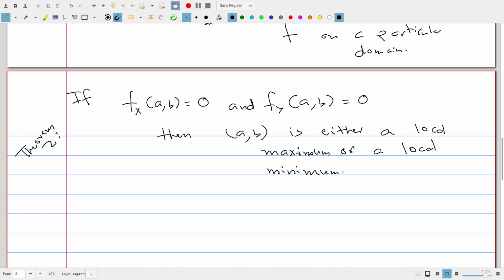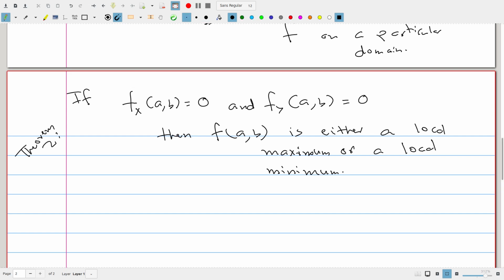Now, why is this true? Why is it that when the partial derivative with respect to x is 0 and the partial derivative with respect to y is 0, then f(a, b) is a local maximum or minimum?